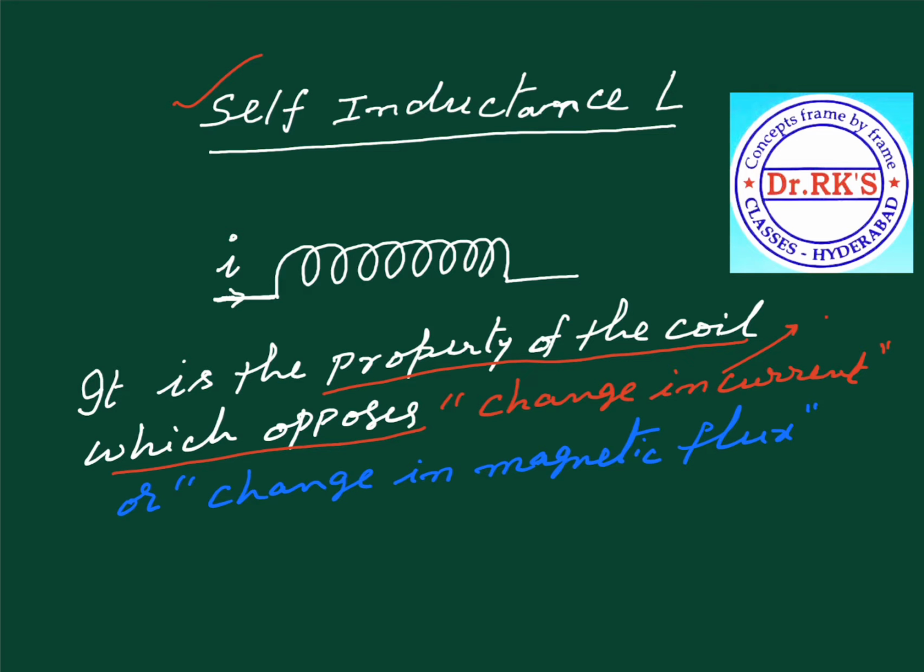Change in current means di. It opposes change in current, not current. So the property which opposes current is resistance. The property which opposes change in current is inductance or self-inductance, denoted by capital L. Or you can also say that it opposes change in magnetic flux.